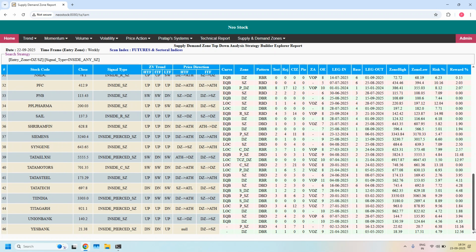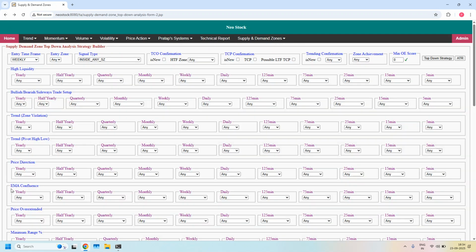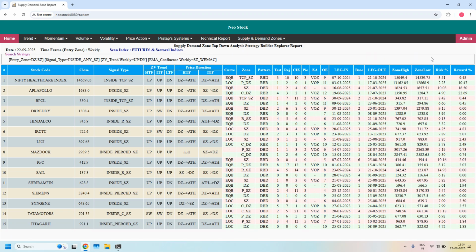We can further filter this list based on weekly supply zone having weekly EMA confluence. And also trend on the weekly should not be sideways. And we got 15 stocks. This is about weekly time frame.